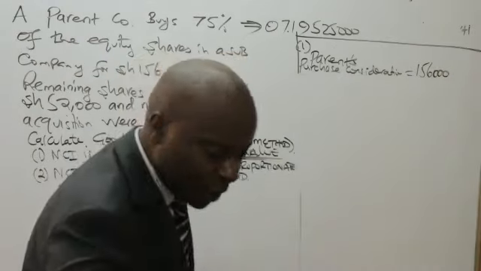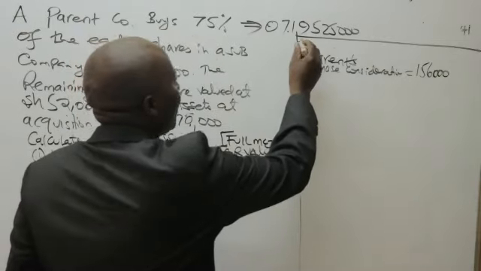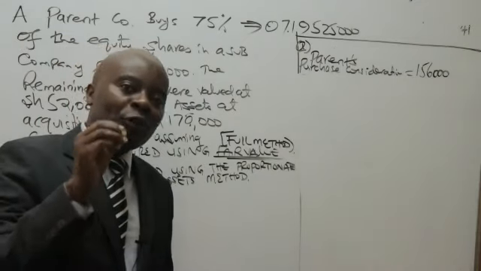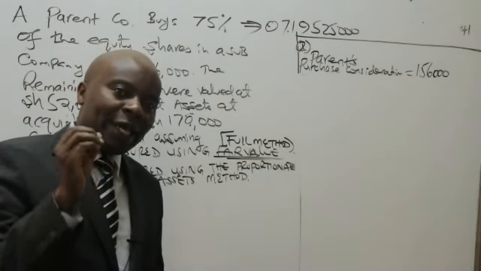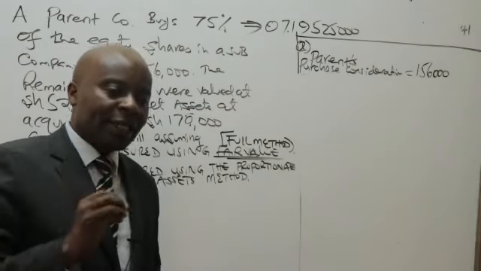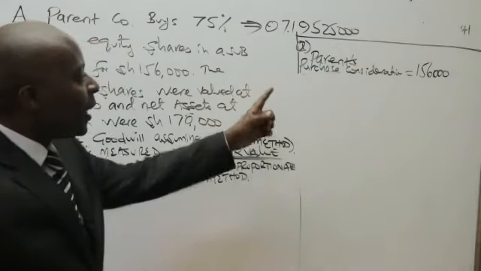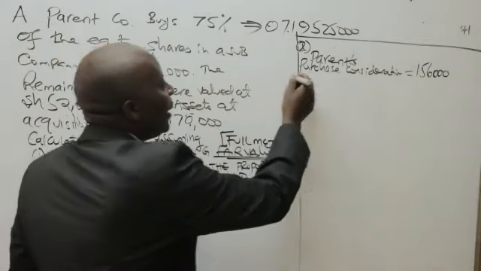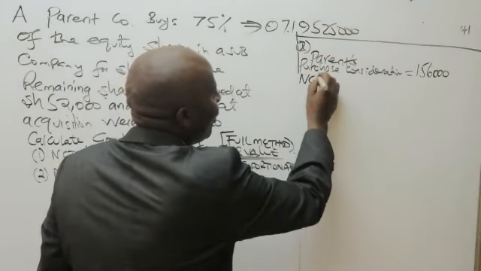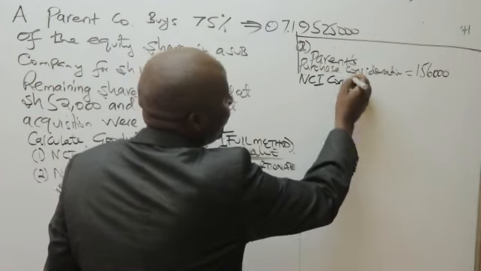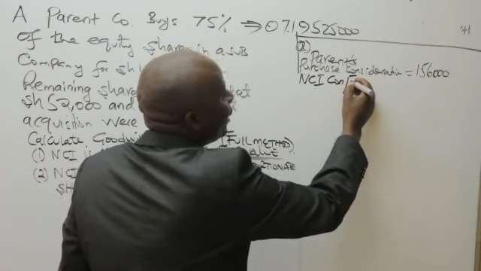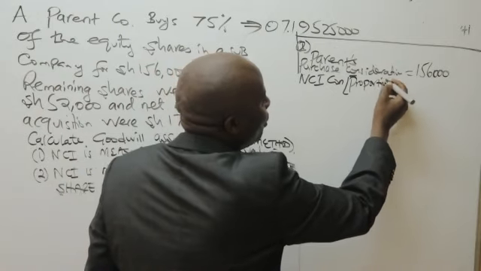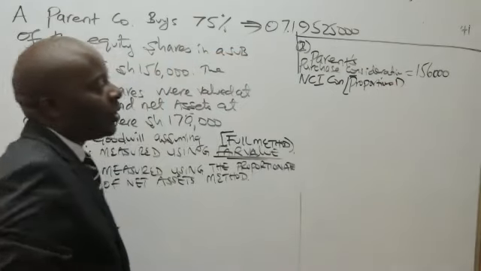So number 2, now we are calculating goodwill, but this time round looking at the concept of proportionate share over NCI's net assets. So the parent's purchase consideration remains. What I need to do is to pick the NCI's consideration here, which this time round is a proportion of their net assets.